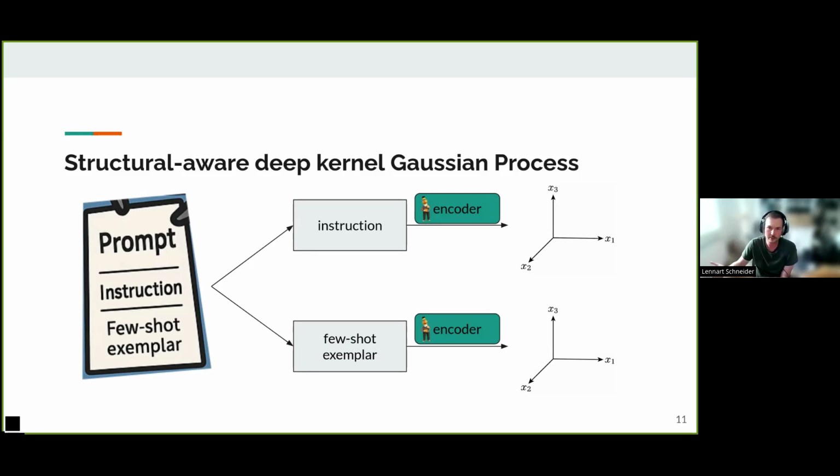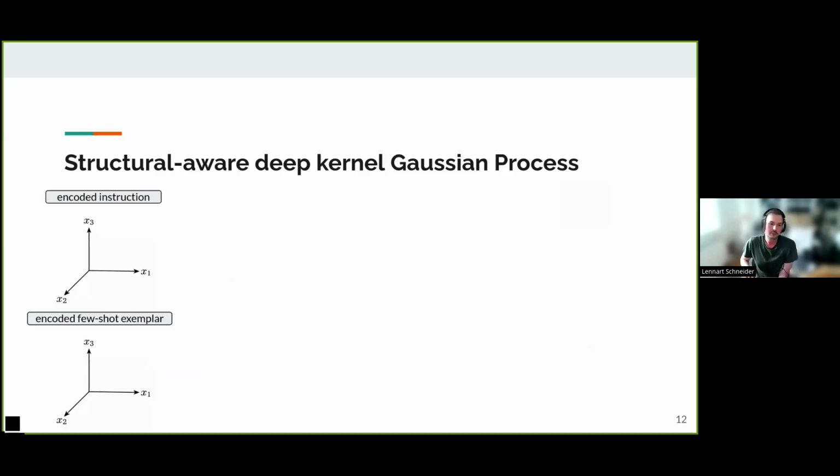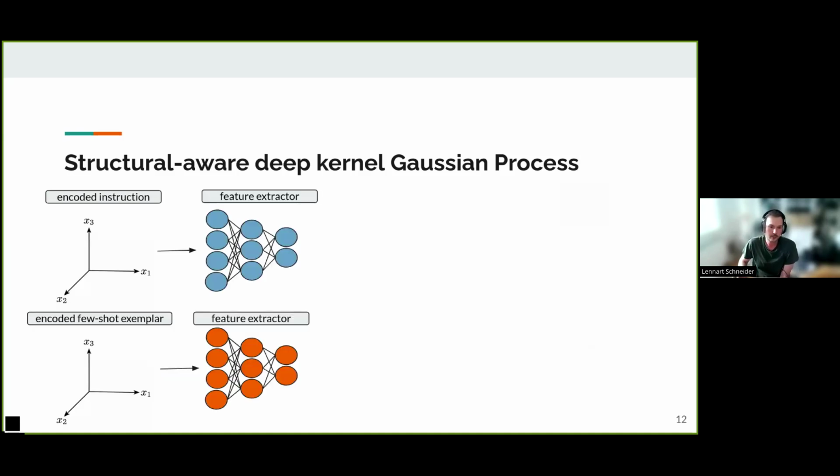Now we have transferred natural language to numbers, and we can learn a regression model based on how well the prompt performed on the validation instances. We continue. You have the encoded instruction. We use a feature extractor, which is just a very small, fully connected neural network.